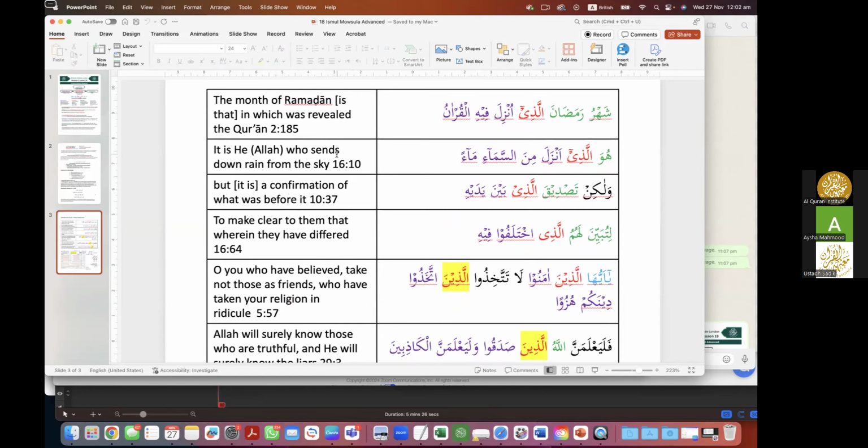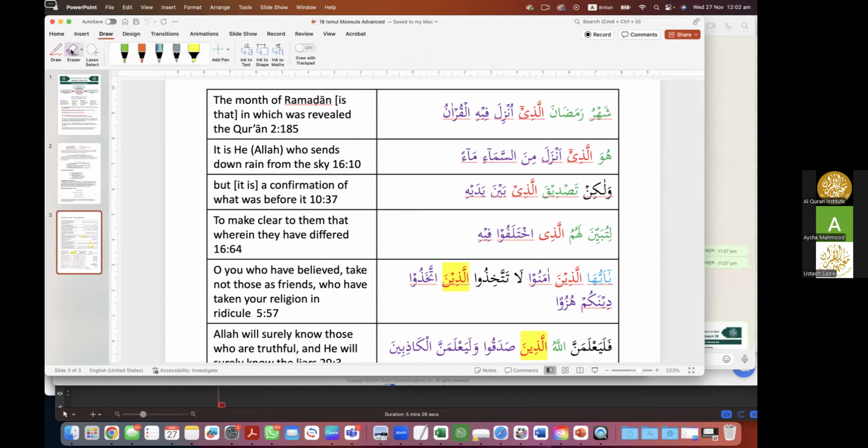Now, we already told you that out of the 4 murakkab, out of the 4 phrases, 3 of them can play the role of a mubtada in a sentence, except murakkab jar.